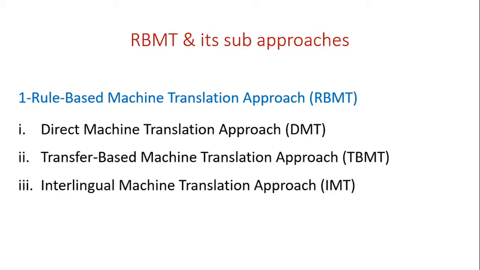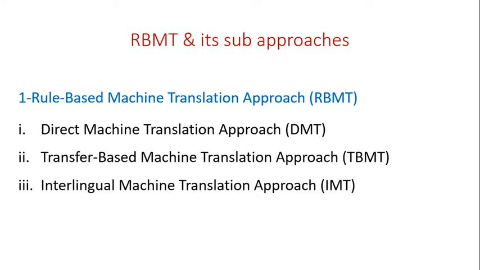Before going into the details, just have a quick look at the sub-approaches or subcategories of this RBMT, rule-based machine translation. There are three subcategories or sub-approaches. Direct machine translation approach, which is known as DMT, and then transfer-based machine translation approach, which is TBMT, and then interlingual machine translation approach, which is IMT.